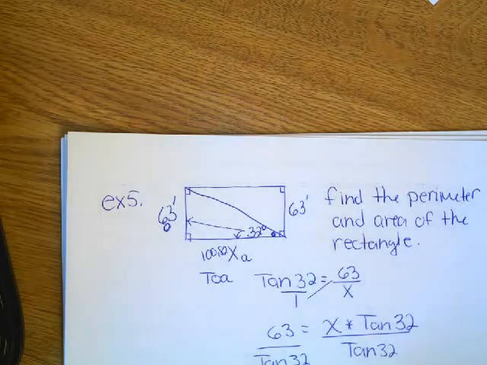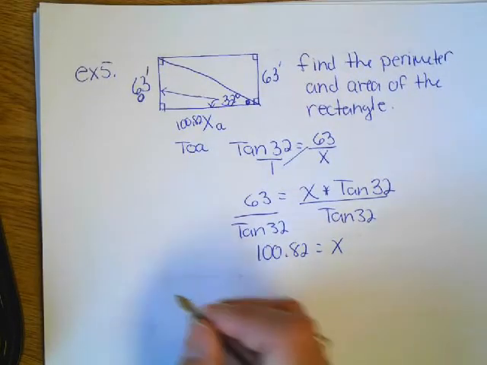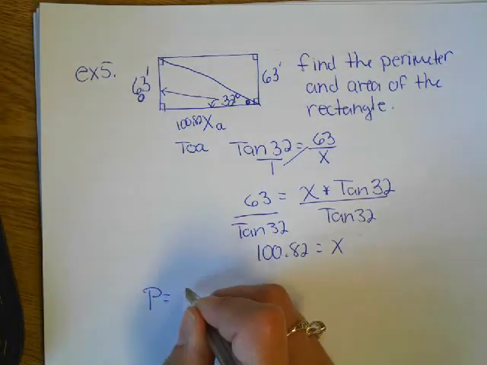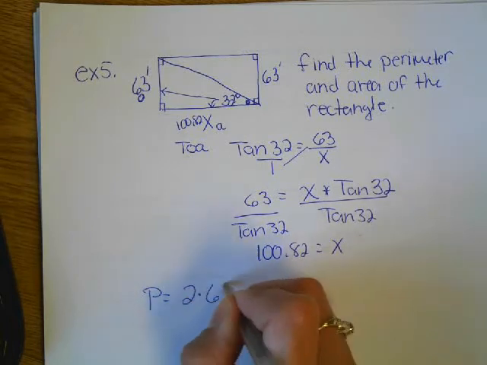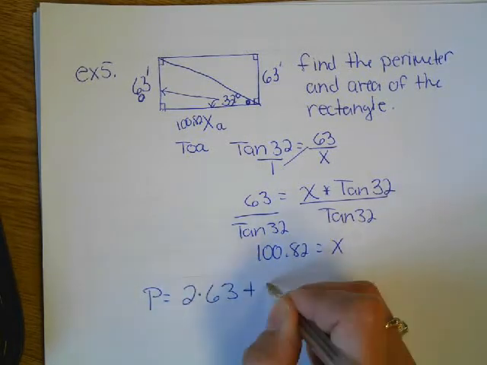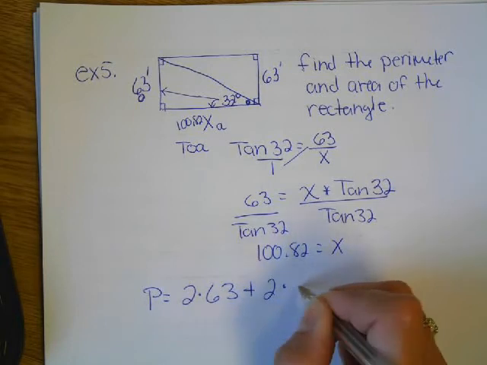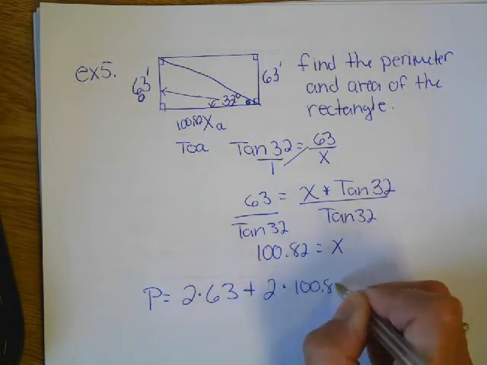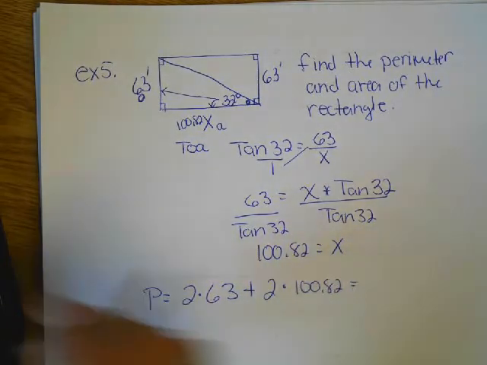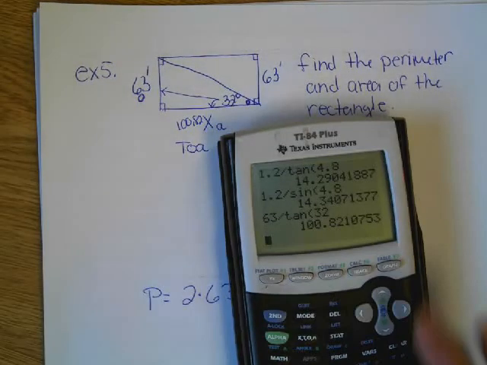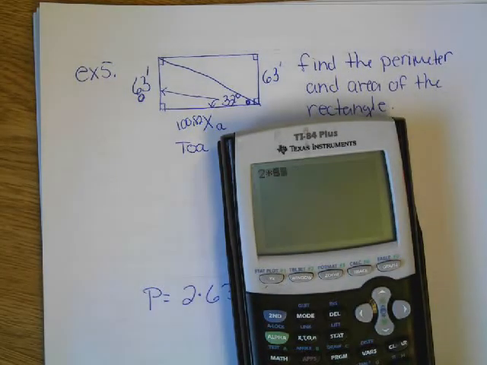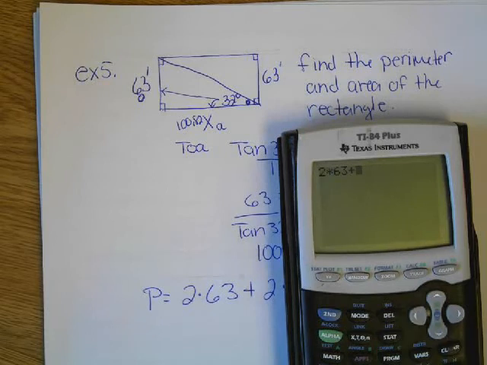And now to answer the questions for perimeter and area. Perimeter, I've got two 63s, plus I've got two of the 100.82s, and that's just a calculator problem. 2 times 63 plus 2 times 100.82.